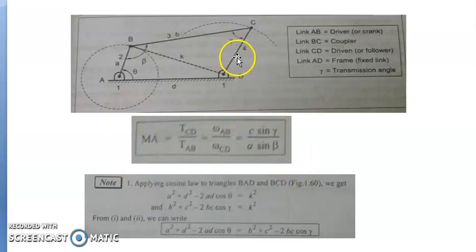So it is C sine gamma divided by A sine beta.